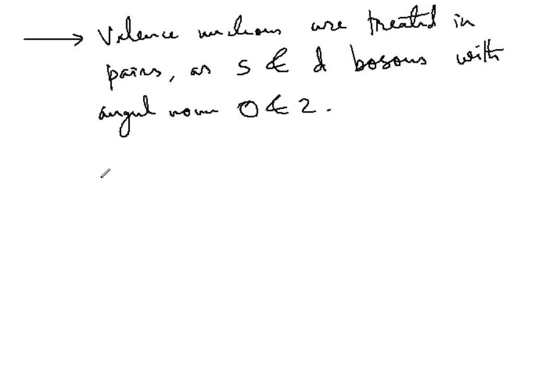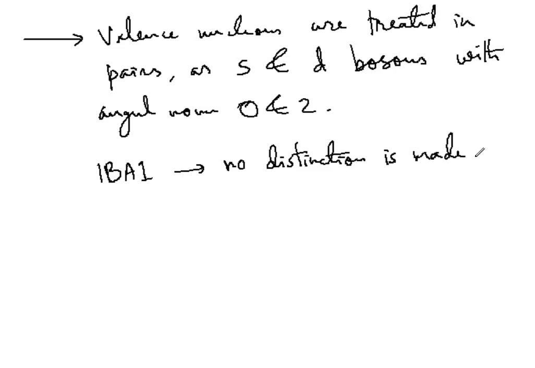Now, what happens in IBA-1? IBA-1 we will talk about. Here, no distinction is made between proton and neutron bosons.